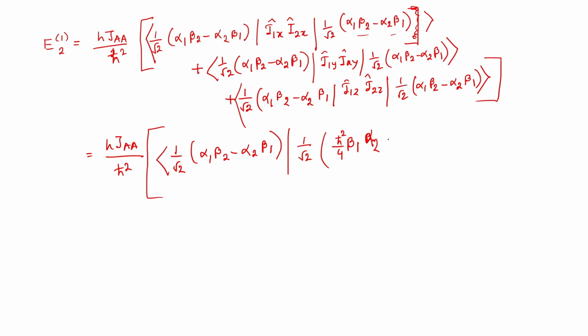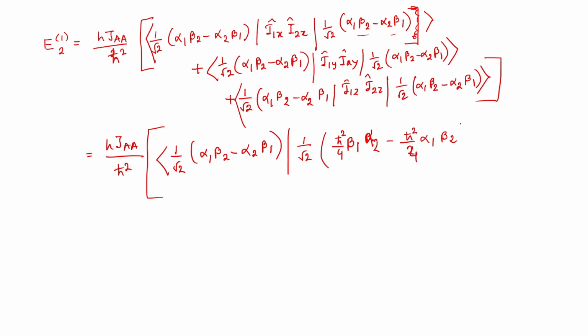Now the next is, minus is there already, so I am putting that minus there. Then I1x working on beta 1, so that is going to give us h cross by 2. Beta 1 is going to be alpha 1, and alpha 2 is going to be beta 2, and it is going to be the square, right?